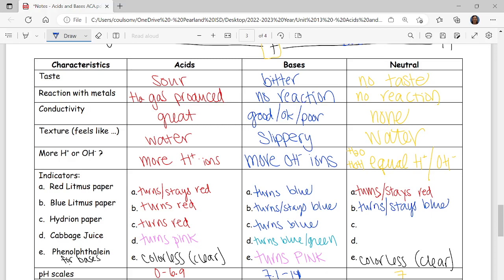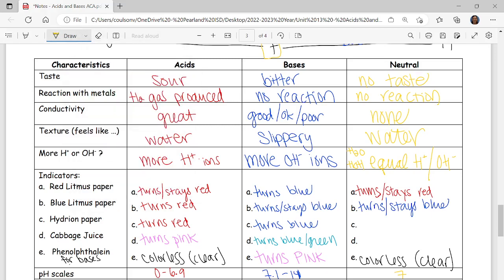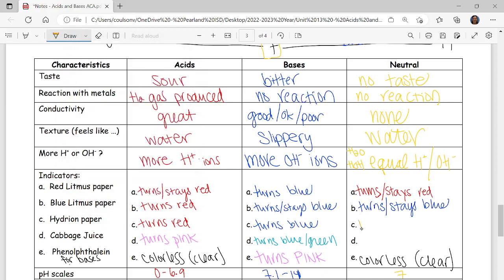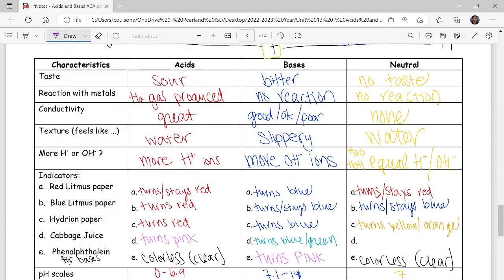Letter C, for this Hydrion paper, this is why I chose the color that I did for this column. It turns like a yellowy orange, so actually I'm going to use this one. And then letter D, cabbage juice. The cabbage juice already is purple, and then it will just kind of turn like a watered down purple.